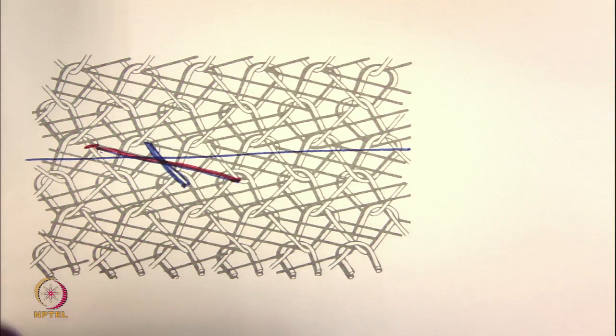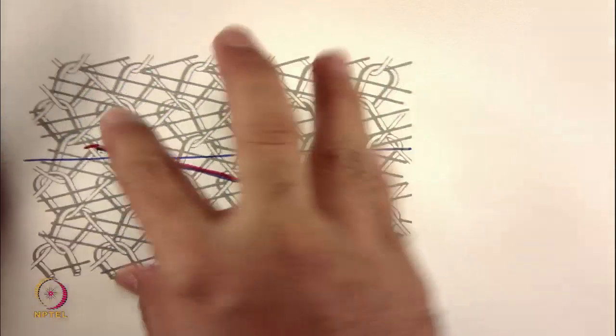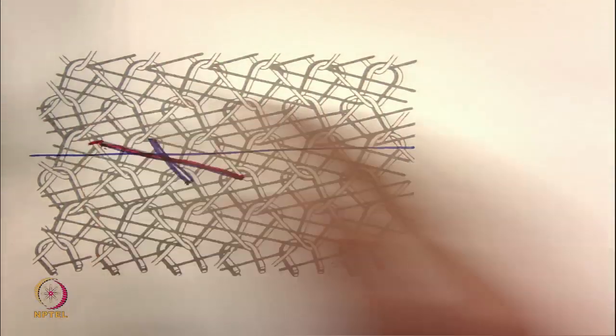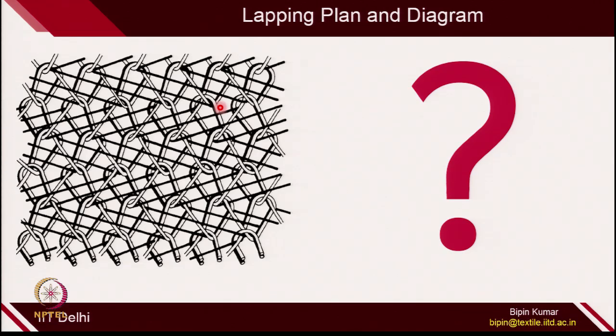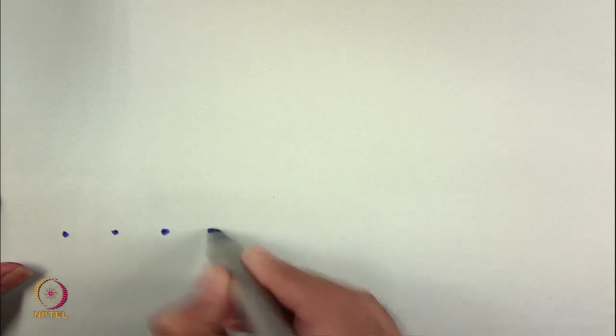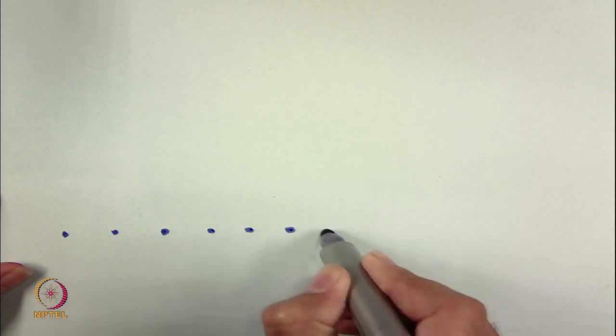So, once this is clear to you, you can simply first draw the lapping diagram. So, how to draw the lapping diagram? For drawing the lapping diagram for this particular fabric, you first need to define the guide position. To define the guide position, you need to first define the needles. So, these are the needles and all needles are placed on the same needle bar, and you need to define the guide bar position.